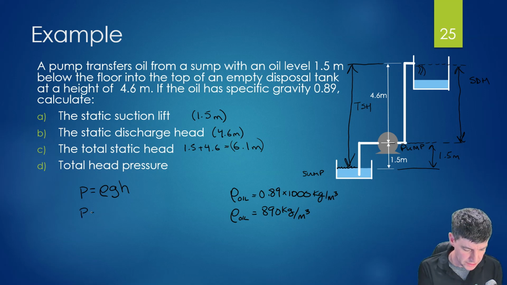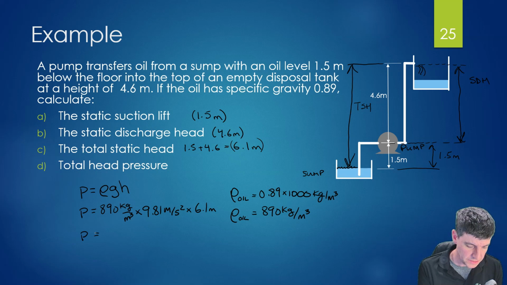So my pressure is going to be equal to 890 kilograms per cubic meter times gravity, 9.81 meters per second squared, times my total static head, 6.1 meters.